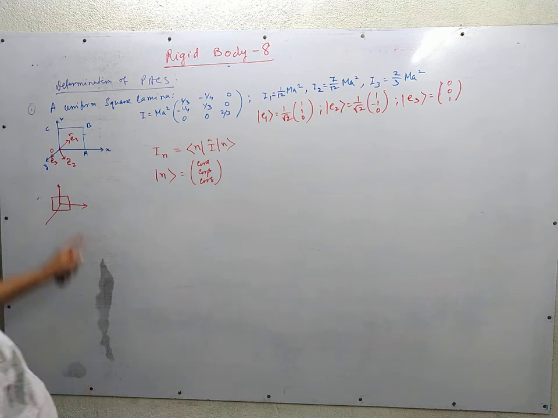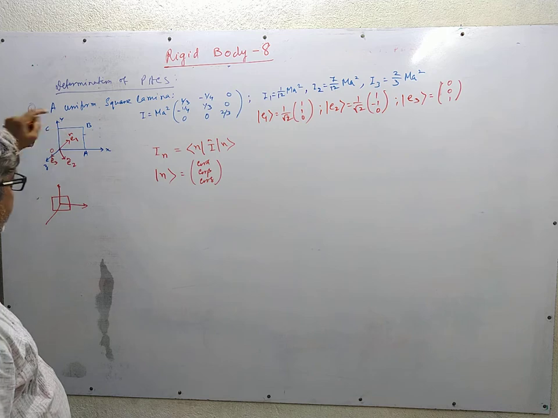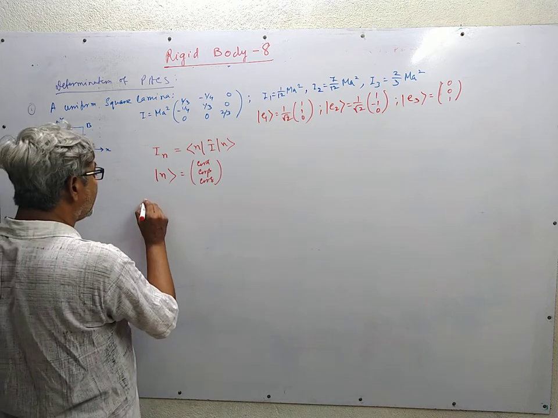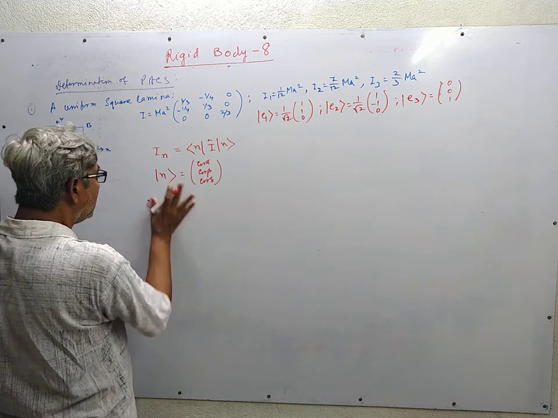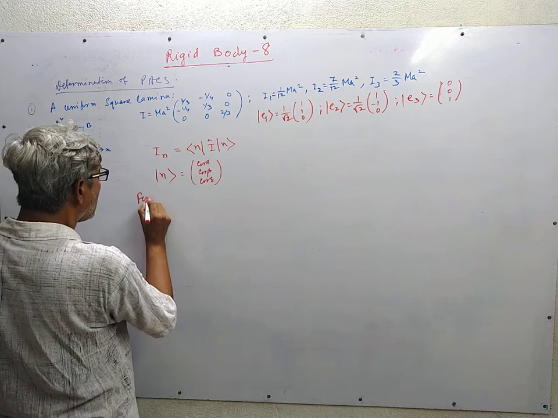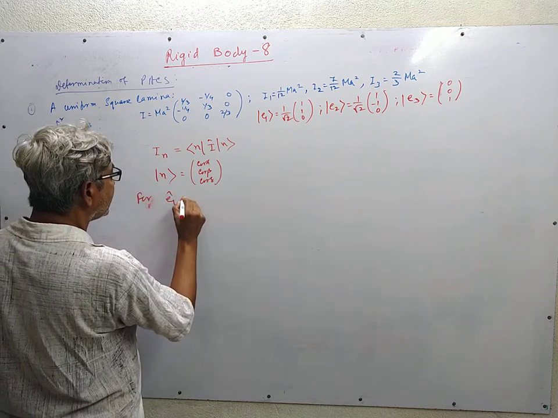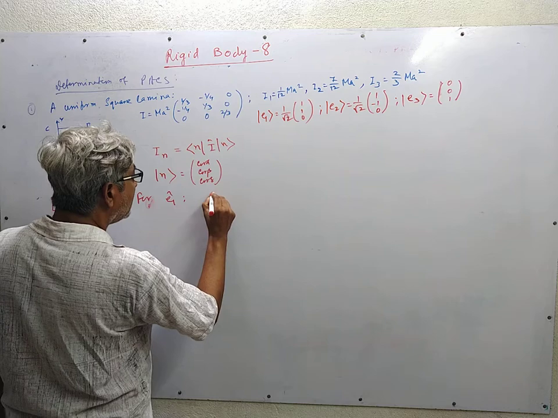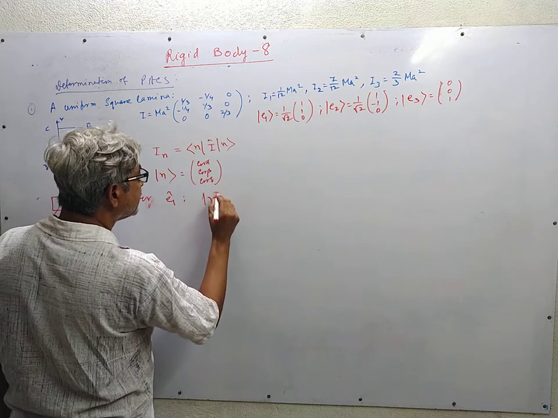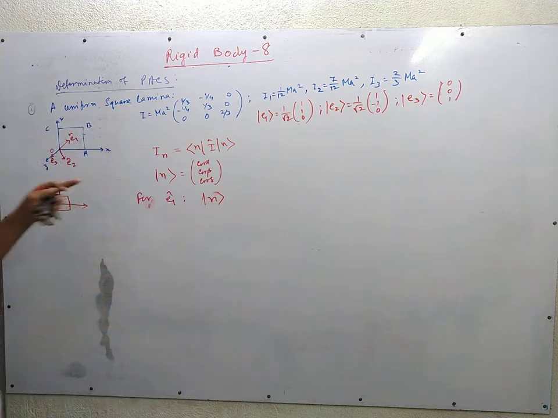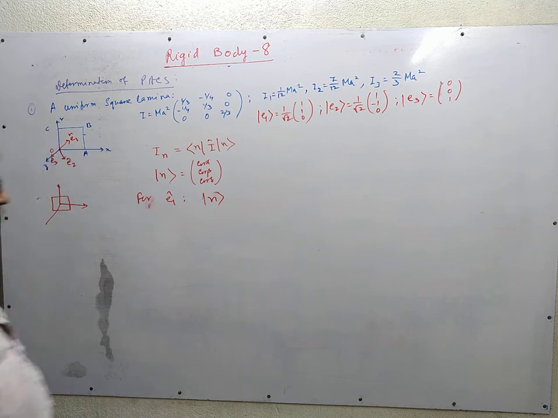If we consider the E1 direction, for the n cap of E1, this direction makes an angle of 45 degrees with the x-axis and 45 degrees with the y-axis.